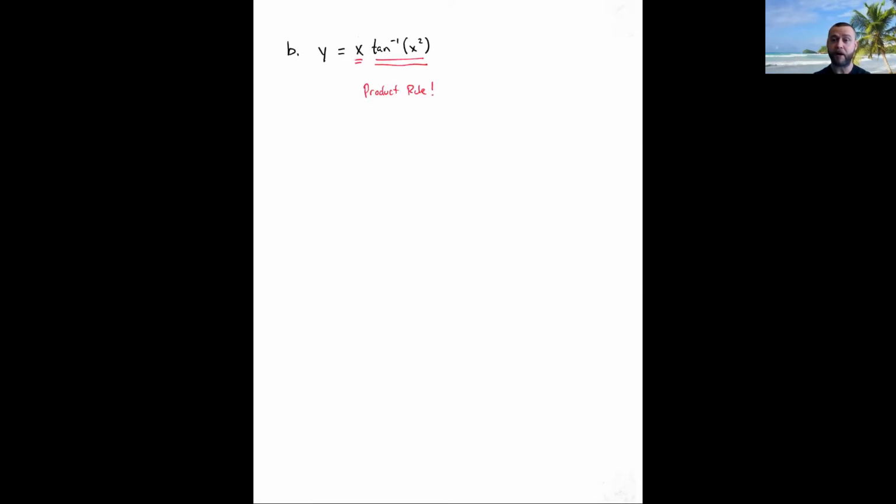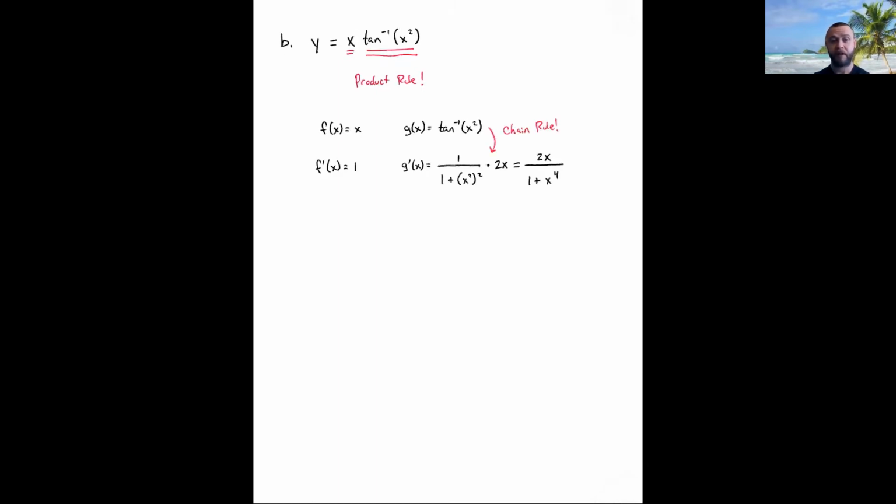So this involves the product rule as well as the chain rule. All right, so we have our two factors there, f of x and g of x. The derivative of x is much simpler here, just 1. Differentiating g of x, tangent inverse of x squared, that requires the chain rule.